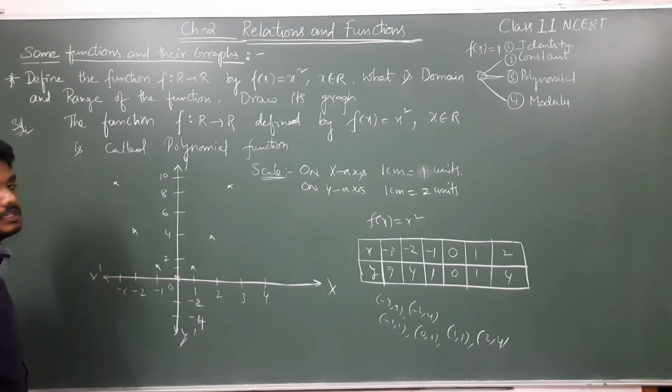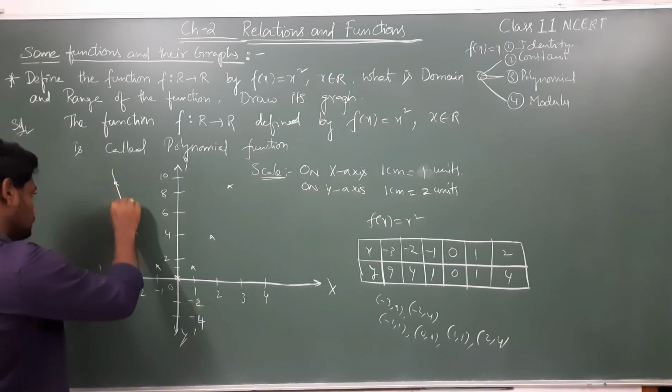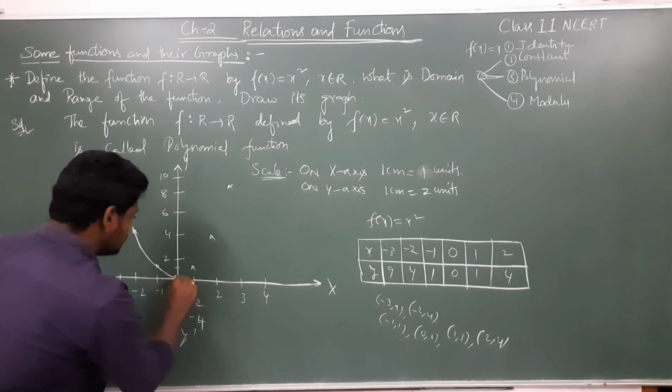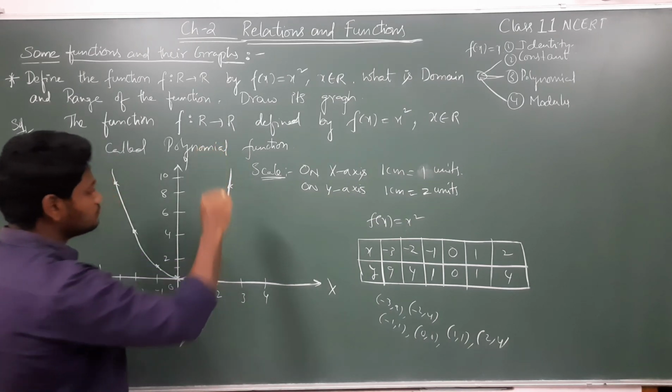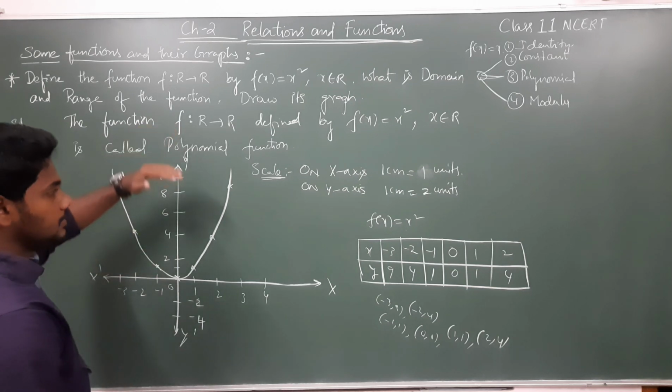Substitute here. So like that it will be. If you join all those points, we will get this shape, which is a parabola, an upward parabola.